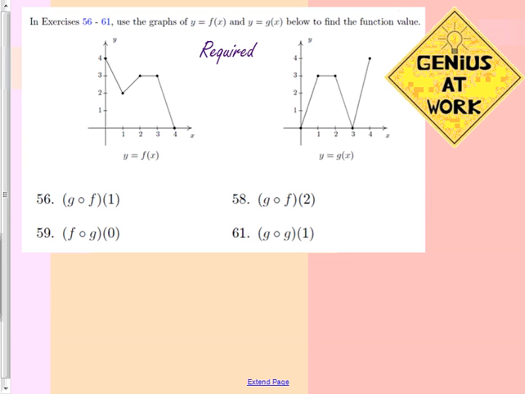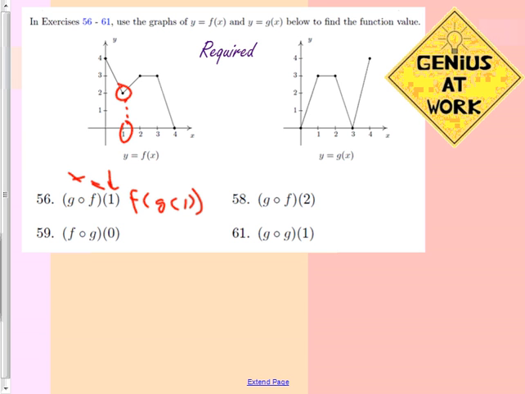In 56 through 61, you're asked to do it with a picture this time. Again, if they did this, they told me f of g of 1. Did they tell me an x or did they tell me a y when they told me this 1? They told me an x. That tells me that x is 1. So if I go over here to x is 1, that's right here. I follow it up.